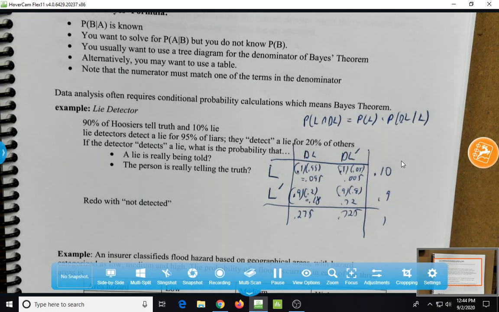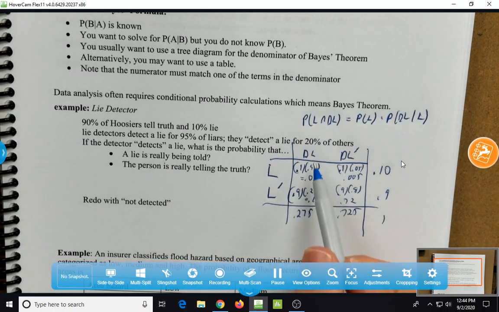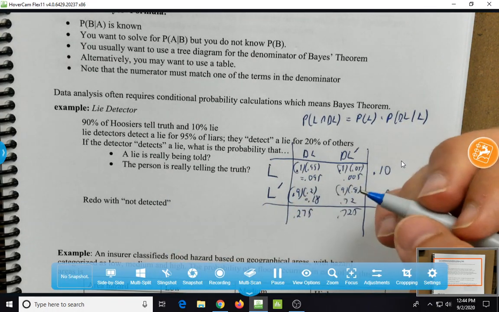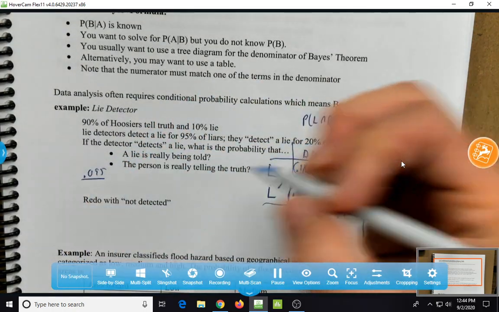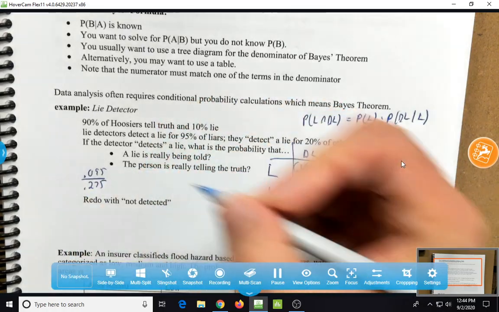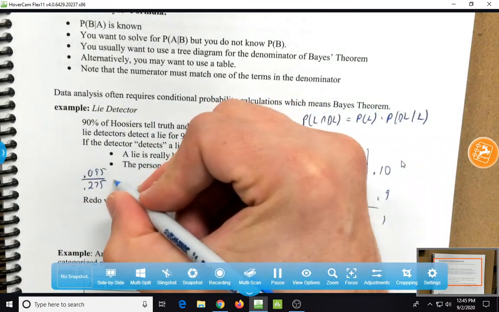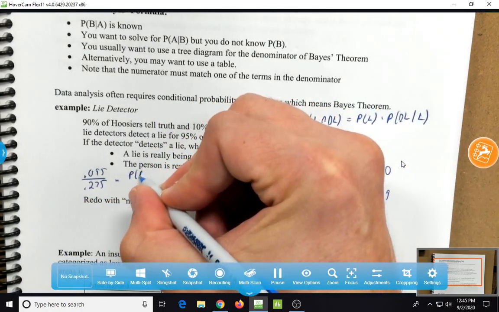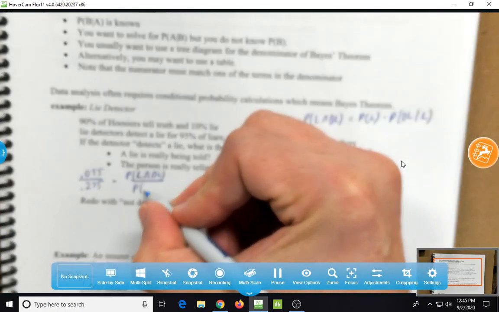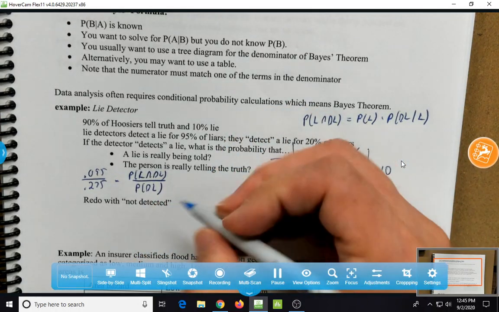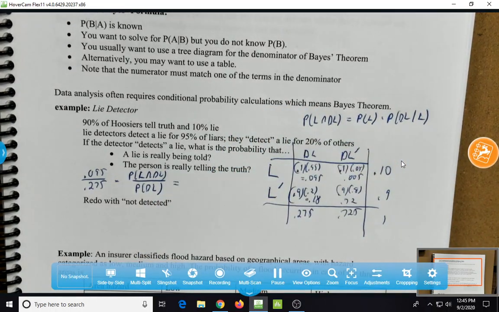So we want to say, what's a lie? It detects a lie, so we're here. It detects a lie 27.5% of the time. So for this one, what we would get is 0.095 divided by 0.275, which is the probability of being a liar and detecting a lie over the probability of detecting a lie.